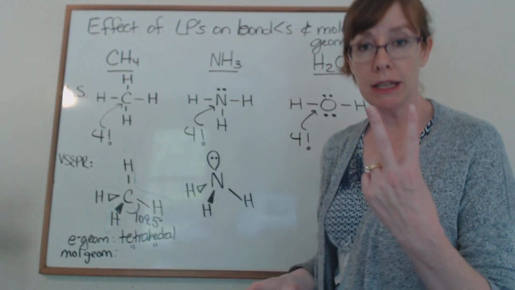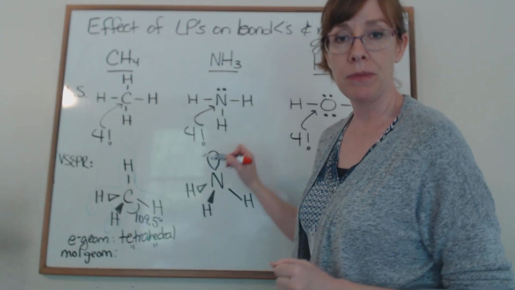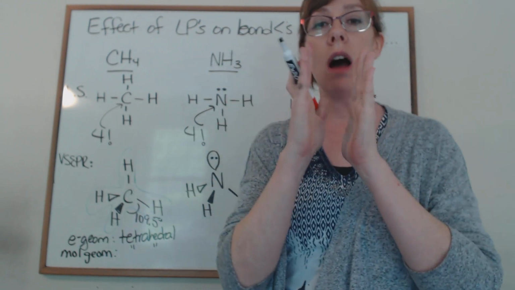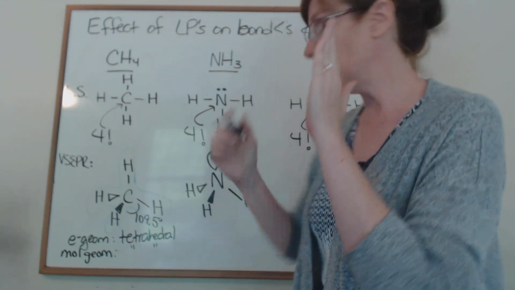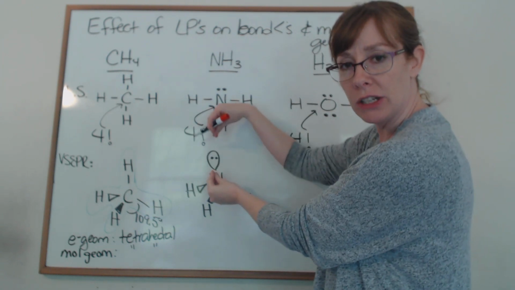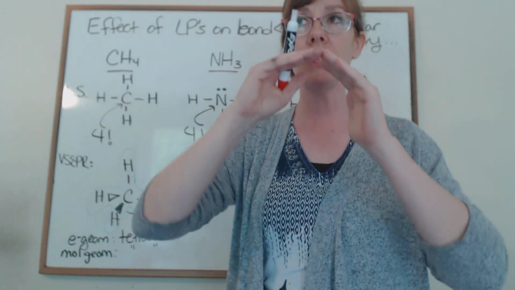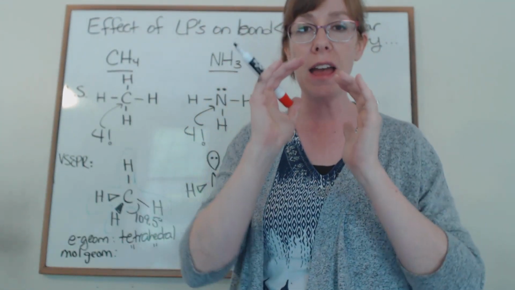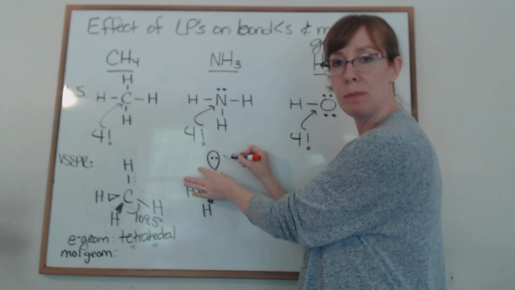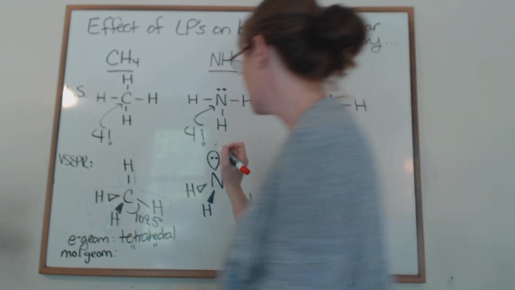Now, two things we need to notice. First thing is the lone pair. The lone pair is not stretched up to another atom's nucleus. There's no atom up there that it's attracted to. Because of that, it's like a rubber band that's not being stretched. It's kind of fat, or it takes up a lot of space. It's not pulled up nicely. It's like flat.